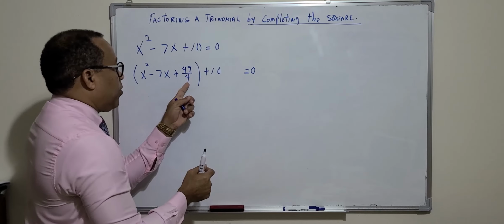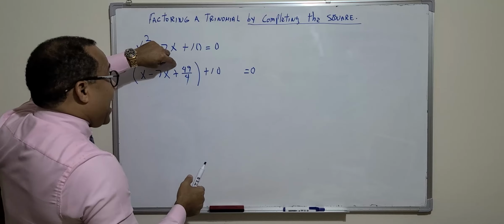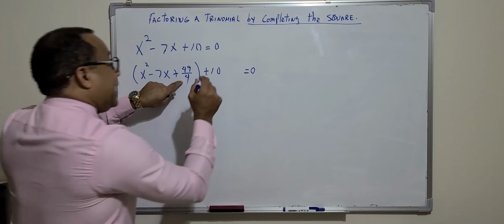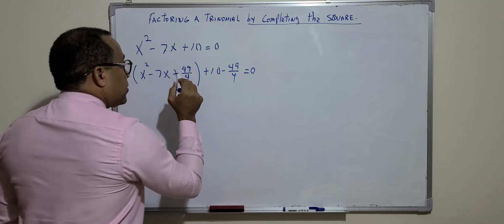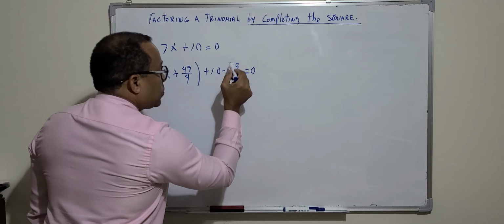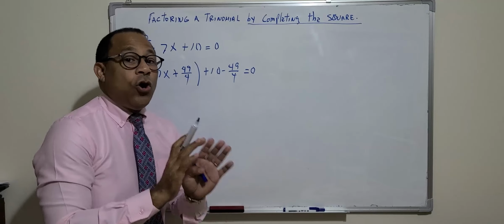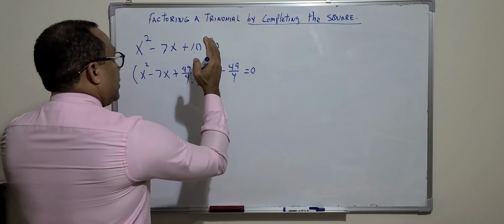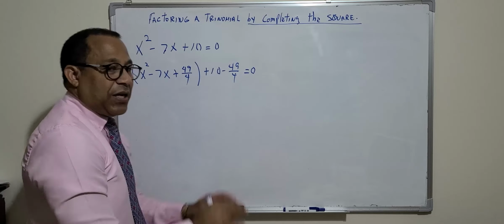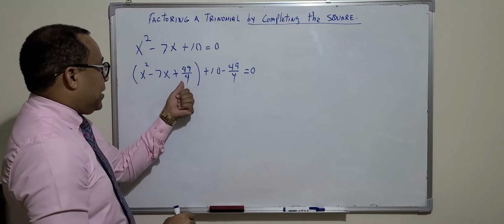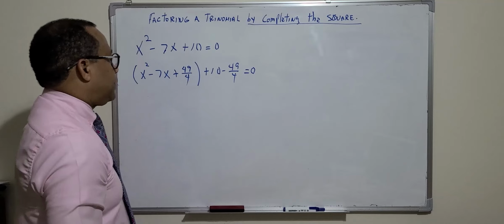I'm adding 49/4, and in order to keep the balance of this side, since I added 49/4, I need to subtract 49/4, because this 49/4 and this minus 49/4 will cancel out, and it's 0. So I have done no harm to the trinomial, to the left side of the equal sign. I've kept it the same. I added a fraction and I subtracted the same fraction.